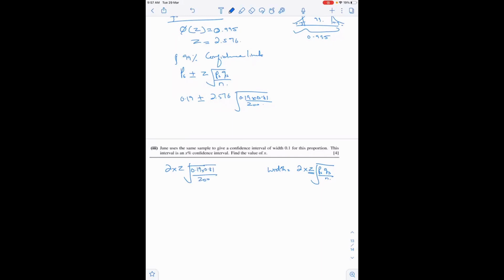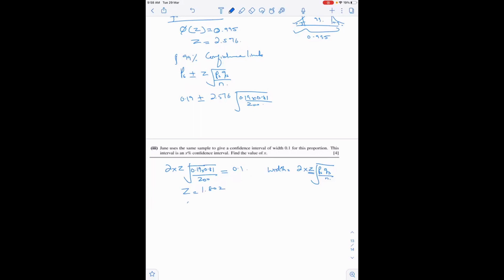I'm going to first calculate the value of Z. Okay, it's coming out to be 1.8 something.